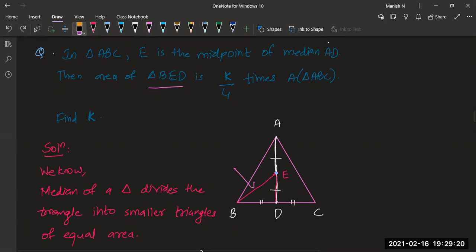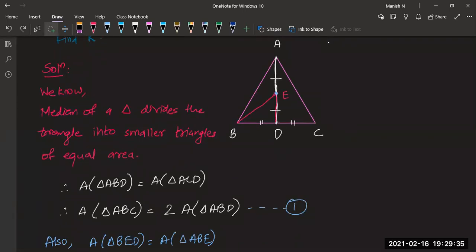We know that the property of median is that a median divides the triangle into two triangles of equal area, right? Which means when median AD is drawn, area of triangle ABD would be equal to area of triangle ACD, since AD is the median.